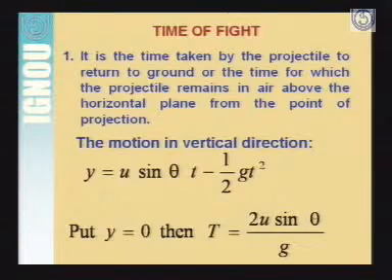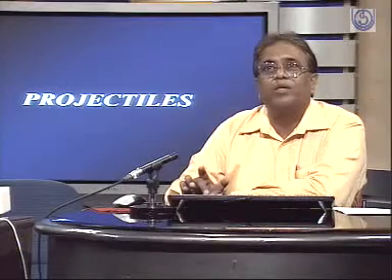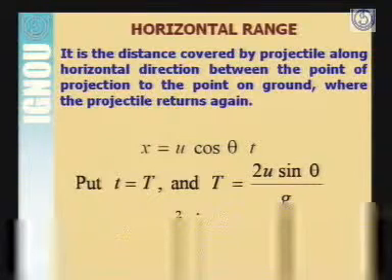Here, for the motion in the vertical direction, y is equal to u sine theta t minus half g t square. When the particle comes back to the ground, the displacement y is equal to 0. So put y equal to 0 and t equal to capital T, that is the time of flight. Finally we get the expression for the time of flight, T is equal to twice u sine theta by g. Next we will consider the horizontal range.